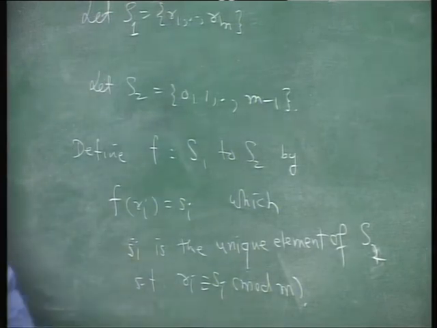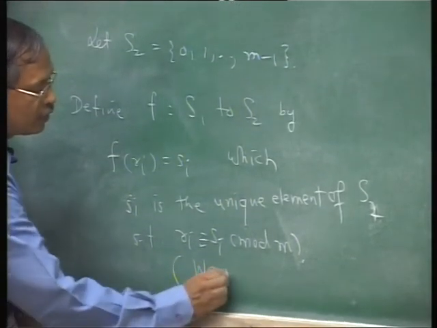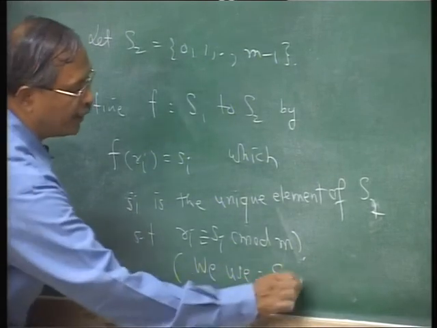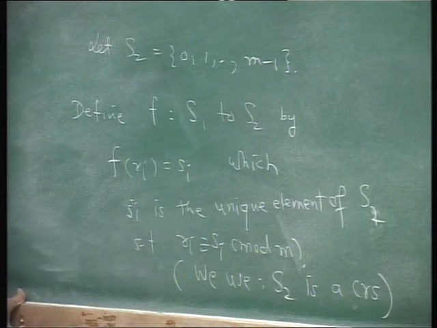This is possible because S2 is a CRS mod m. So you can find a unique number from this.